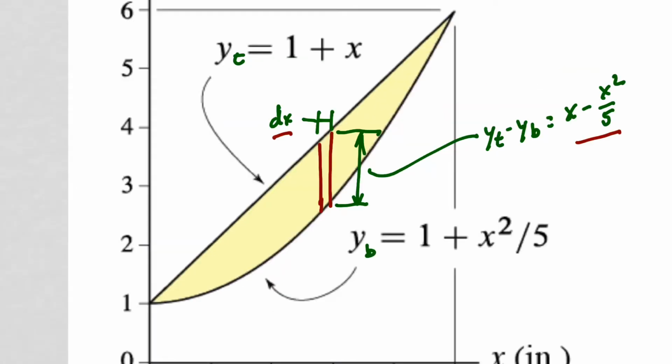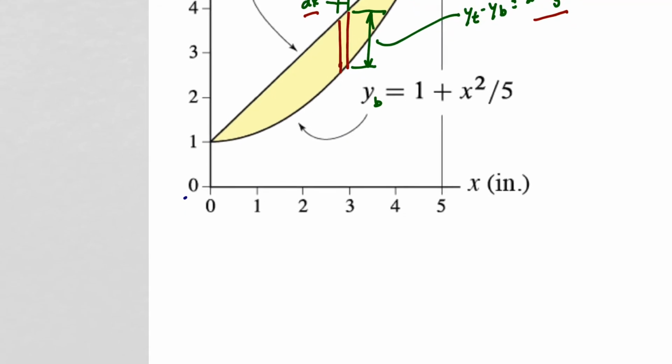Okay, so now we have our width and our height of that little segment, and now we want to integrate that to find the overall area of that part of the curve.